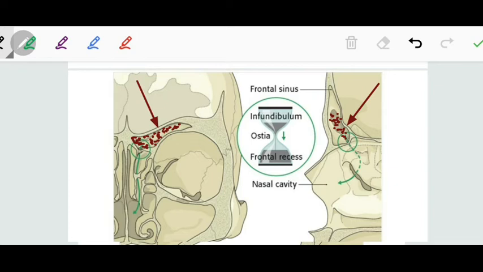This pus is collected in the frontal sinus and ultimately it may spread posteriorly via the posterior wall. Suppose the pus is located over here. This is filled and distended with pus. Now the pus may break through into the anterior cranial fossa and infect the frontal lobe of the brain.